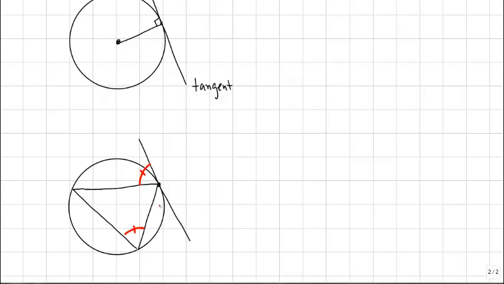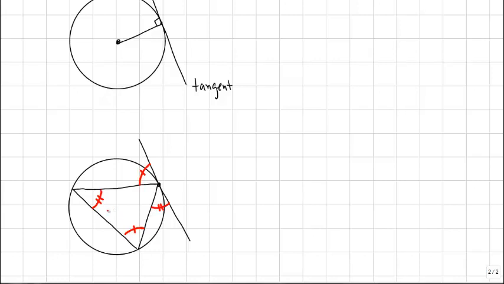Now you can see that by drawing in those 2 other chords, I've actually created a triangle that's inscribed in the circle. And in fact, I've got another inscribed angle over here that is equivalent to a different angle between the tangent line and a chord. Now if you look at the diagram, you can see some nice symmetries, because within the triangle we have 3 angles.